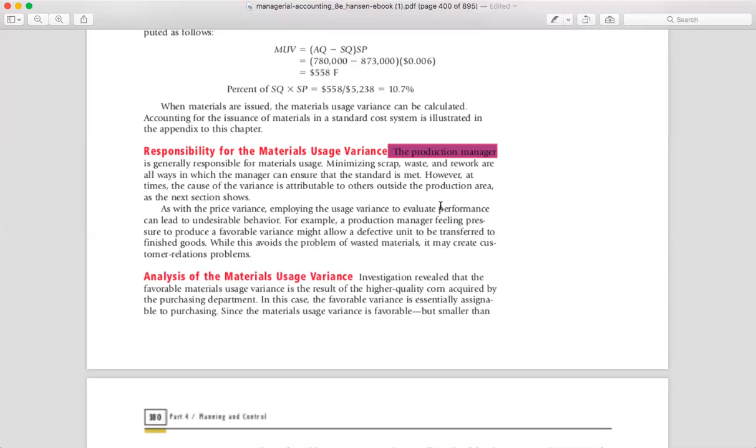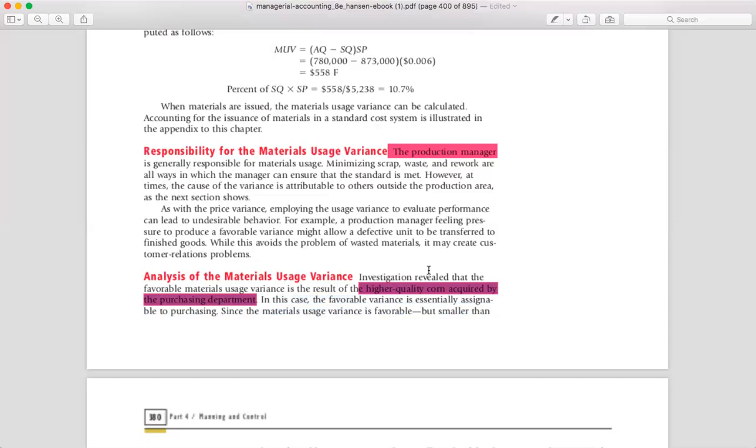Okay, so the investigation revealed that the favorable material variance is a result of the higher quality corn acquired by the purchasing department, right? Because they don't really need too much corn to produce their corn chips.